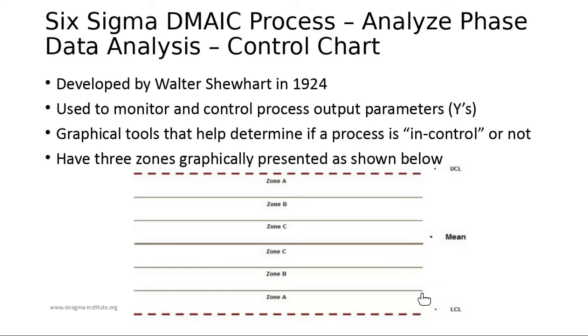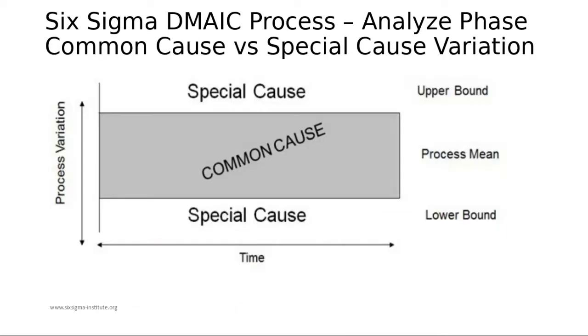For example, let's say zone A, it's just an example. Zone A is your specification, and the red dots are the control line. If you have your specification right at the control limits, that is a risk, because anytime you exceed the specification, that means you are out of control, and that process is not capable of performing.